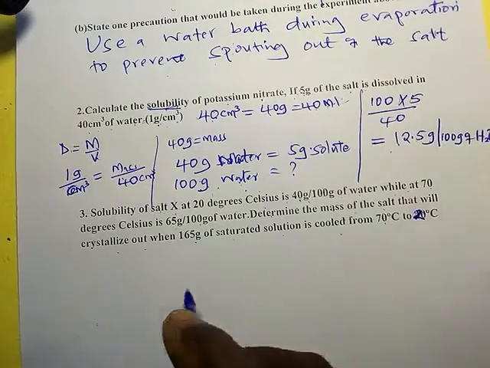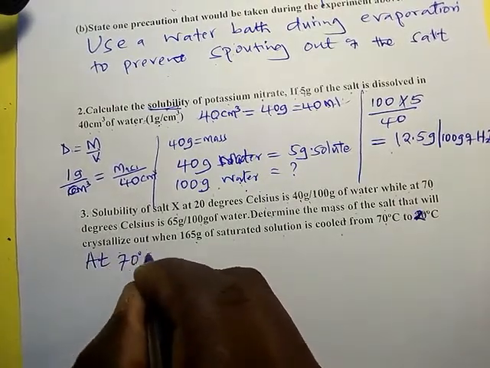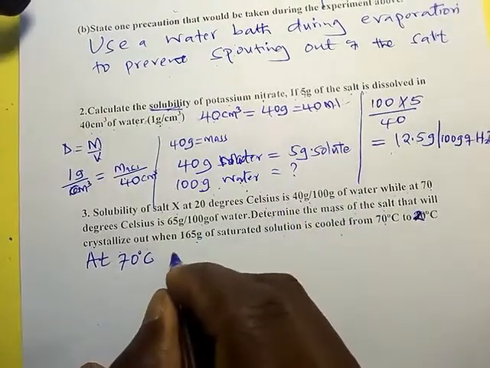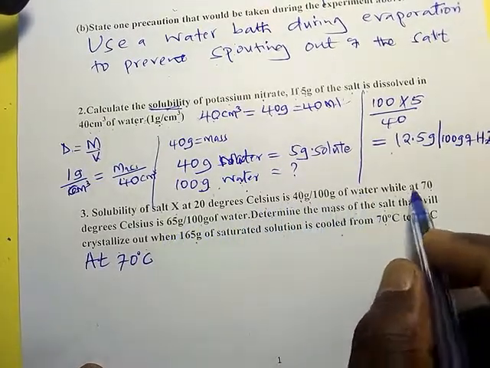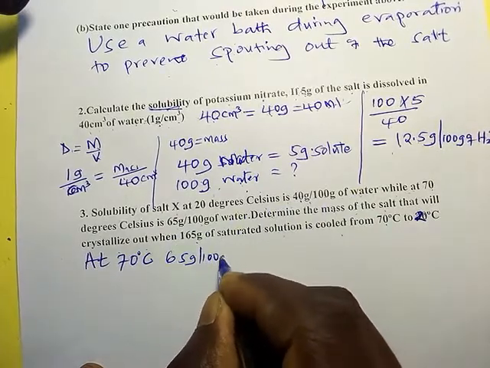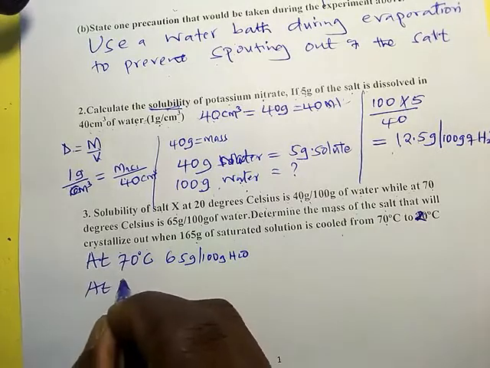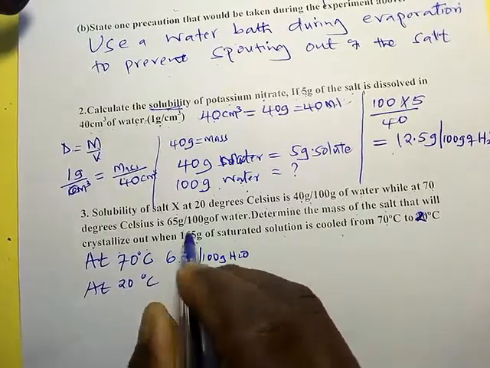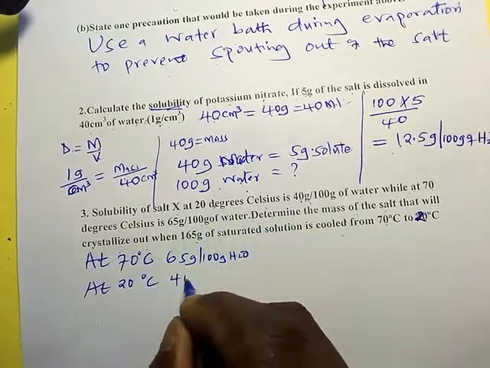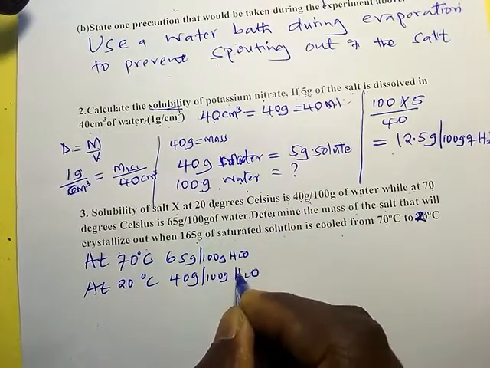So we must understand: at 70 degrees Celsius, what is the solubility? At 70, it is 65 grams in 100 grams of water. At 20 degrees Celsius, it is 40 grams in 100 grams of water.